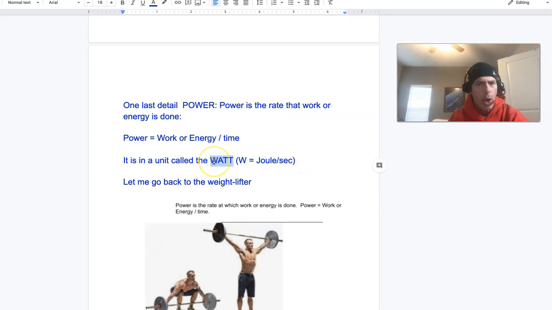That would be a 100 watt light bulb. Okay, we might have 60 joules over 1 second. That would be a 60 watt light bulb. So this unit and this concept, power, comes into play with other types of energy also that you might see with some other units, maybe like electrical energy, for example.